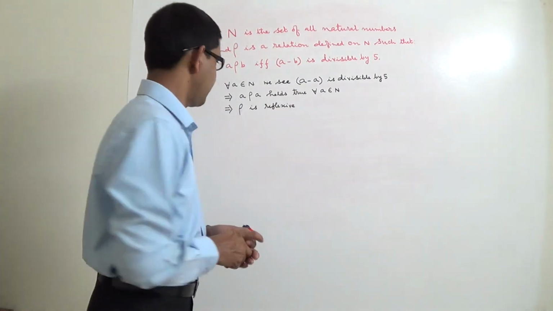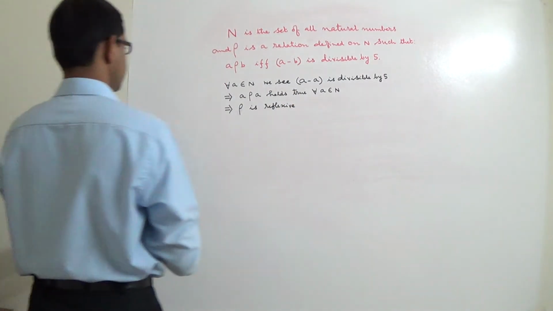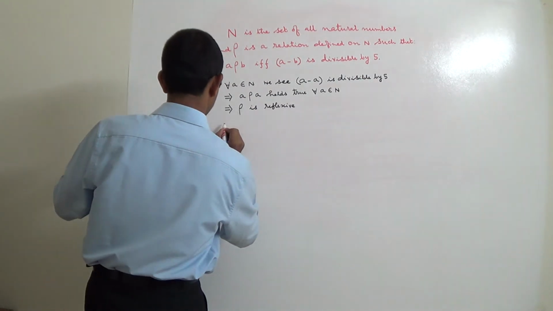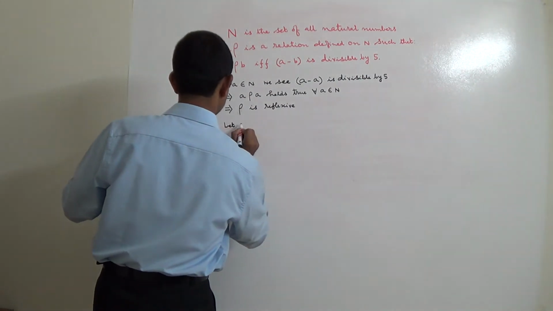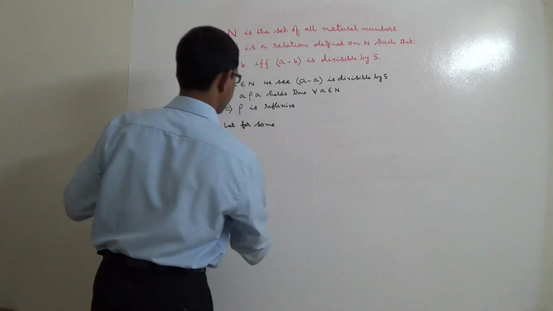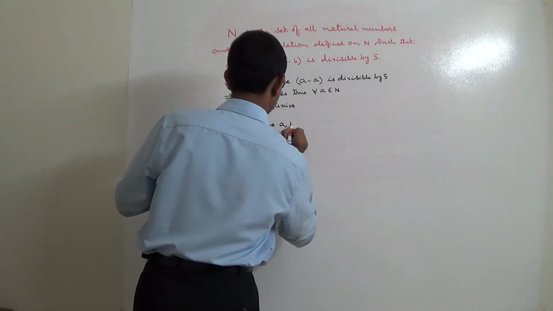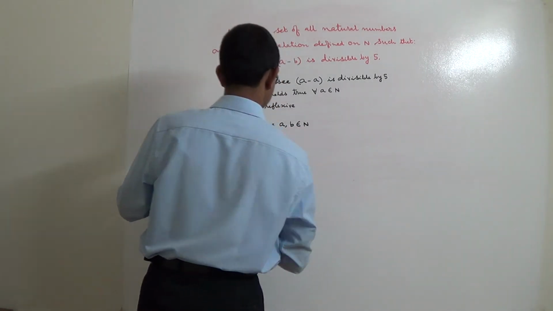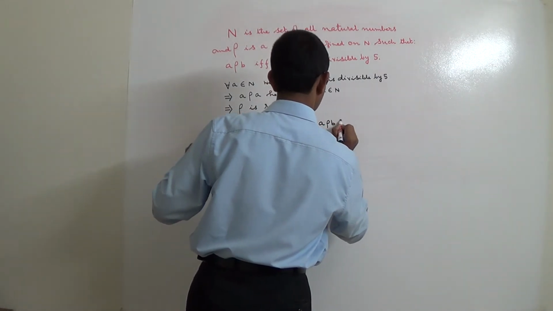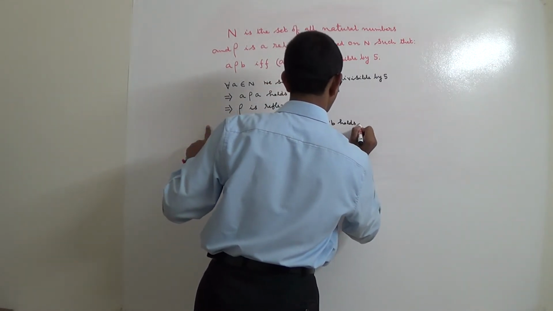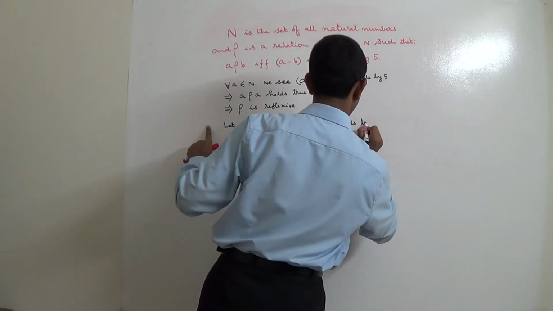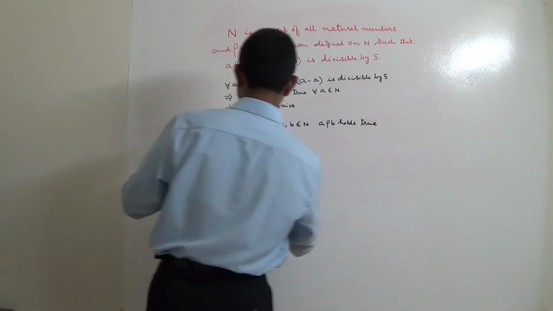Let's see here. Let, for some A, B belongs to N, A rho B hold true. What does it imply?